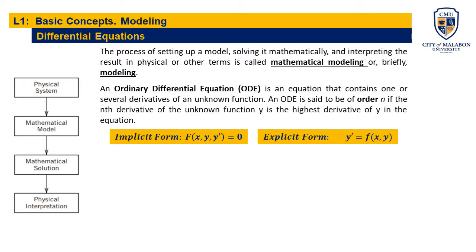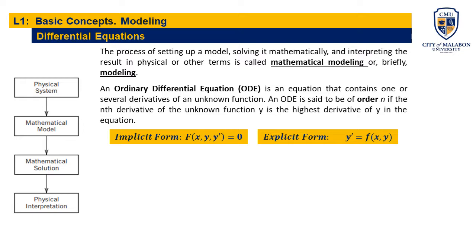First, we have the implicit form, such as a function of x, y, and y prime, for example, equal to 0. We call this the implicit form of the equation.